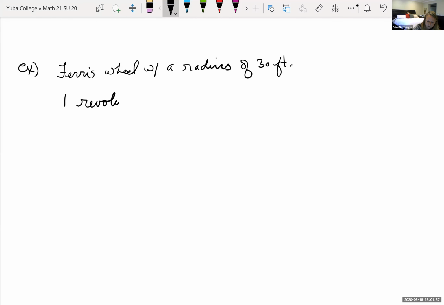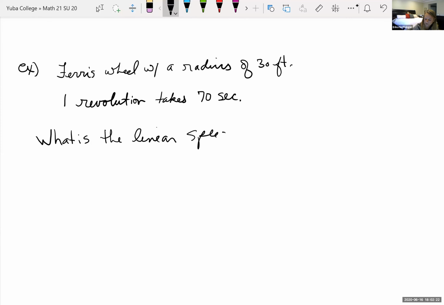So what is the linear speed of the Ferris wheel? How fast are you going around in that circle?